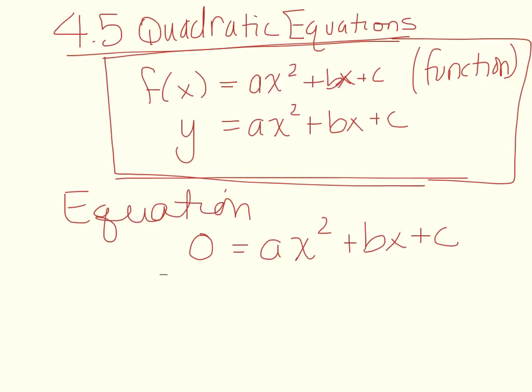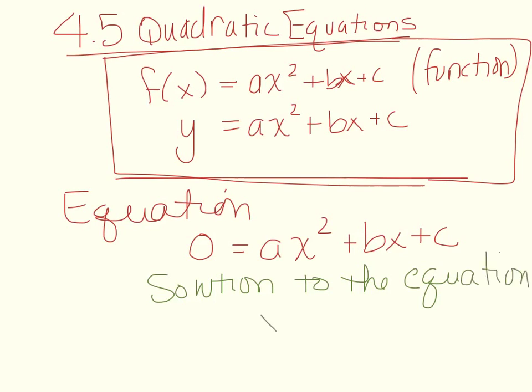If we find the solution to this equation, we'll find the x values, some x value, and oftentimes we'll find two x values when it's quadratic. But that's the same thing as finding the zeros of the function.